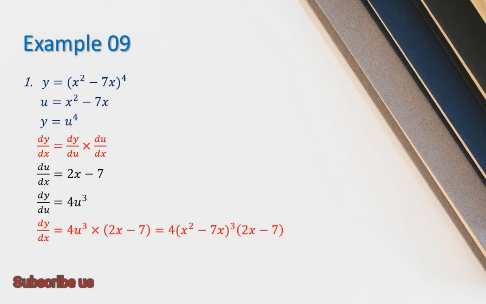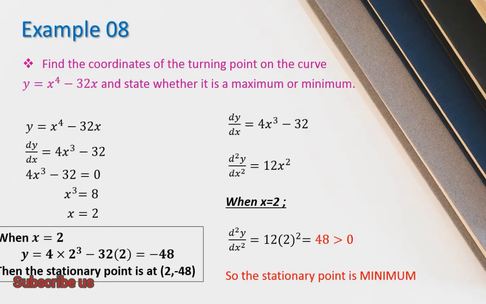Find the coordinates of the turning point on the curve y equals x to the power 4 minus 32x, and state whether it is a maximum or minimum. First of all, when solving such a question, we have to differentiate the given function.